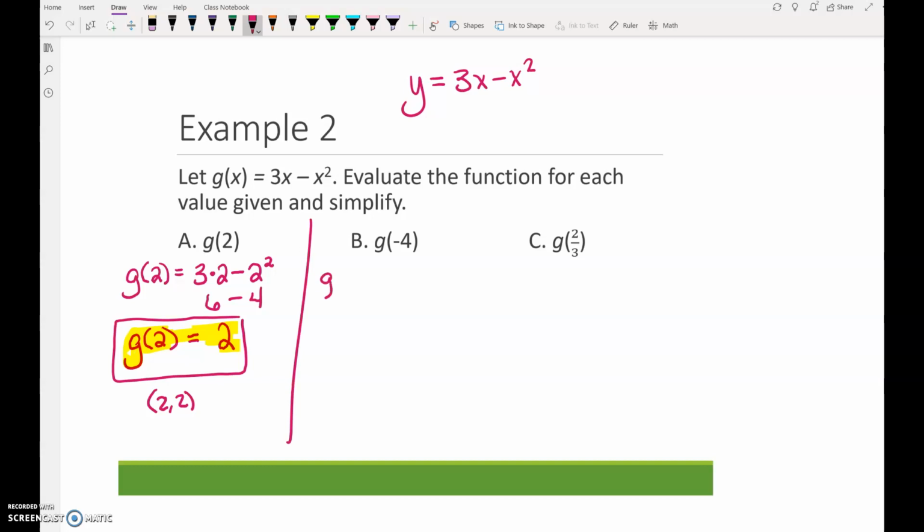On B, g of negative 4. 3 times negative 4 minus negative 4 squared. Anytime you're squaring a negative number, put it in parentheses, please.